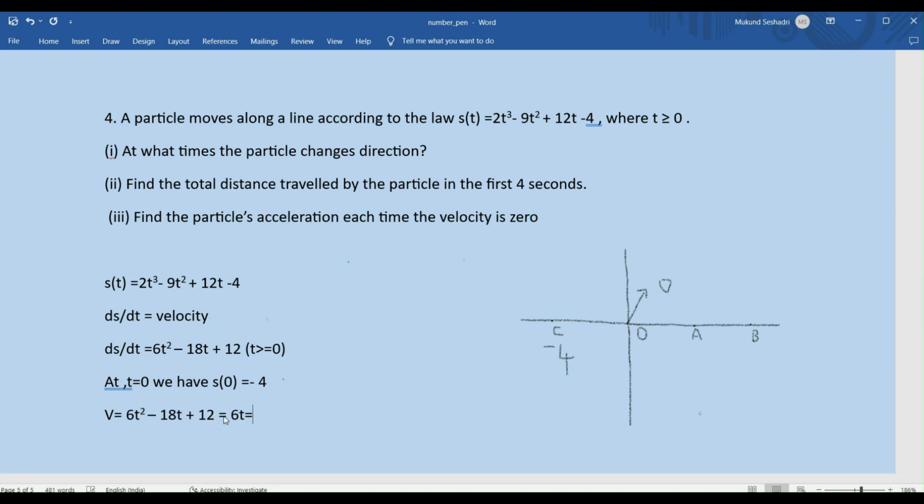This is nothing but 6t squared minus 18t plus 12. I'm sorry, guys, about this. Let me rewrite this in the next line.